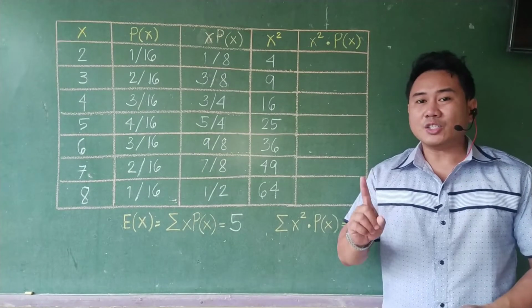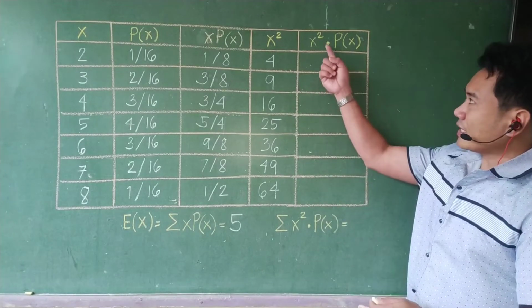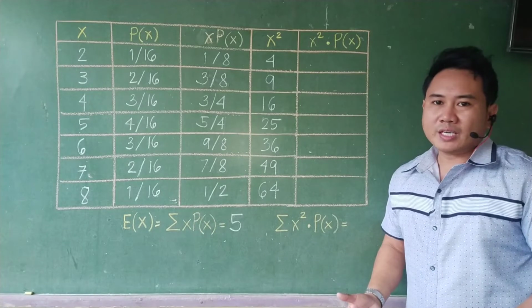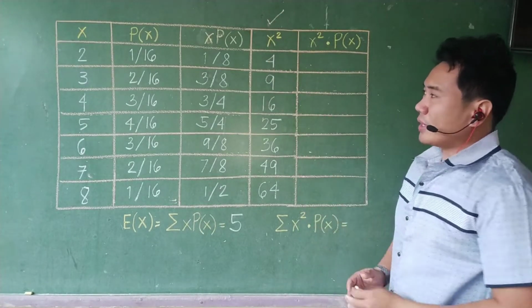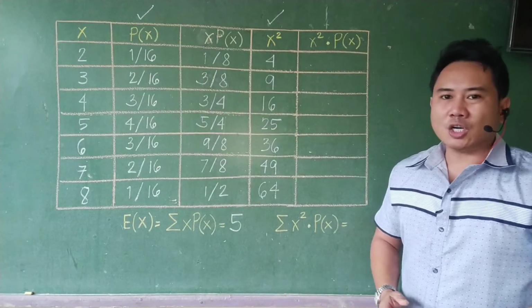Let us add one more column to our table, and I label it x squared times p of x. What we're going to do here is multiply our x squared column with the p of x column.